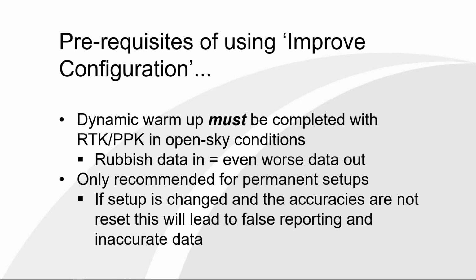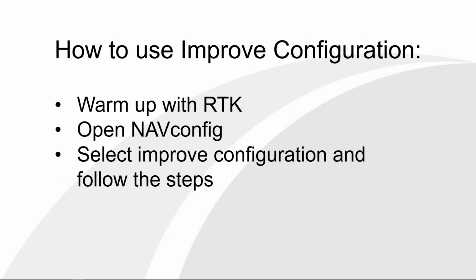As part of improving your configuration, the accuracies that the navigation engine thinks it has are lowered. So there's a chance of false reporting and inaccurate data. So again, you must be using corrections, and it is more advised to do this for more permanent setups where you know you're not going to change.